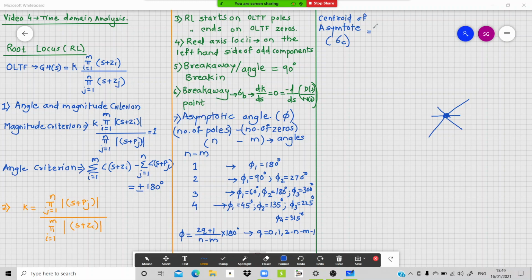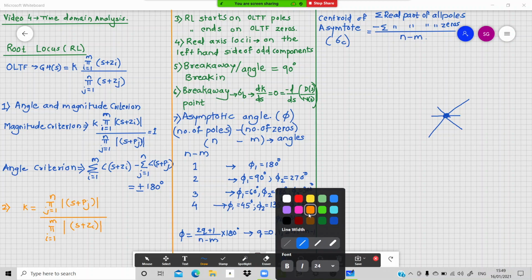The formula is very simple: the summation of the real parts of all poles, minus the summation of the real parts of all zeros, and the whole thing divided by n minus m. So you will get the centroid of the asymptotes.